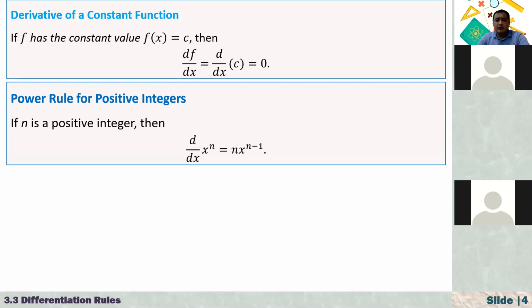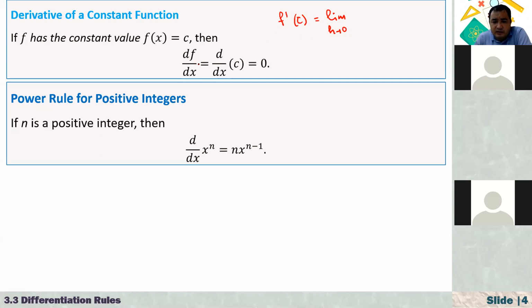Okay. The first one: if f has a constant value, that means f is a constant function, then the derivative of this function is equal to 0. Using the definition, we can prove this. Why is it so? Our function is c, right? And f prime of c, again using the definition, is the limit as h approaches 0.